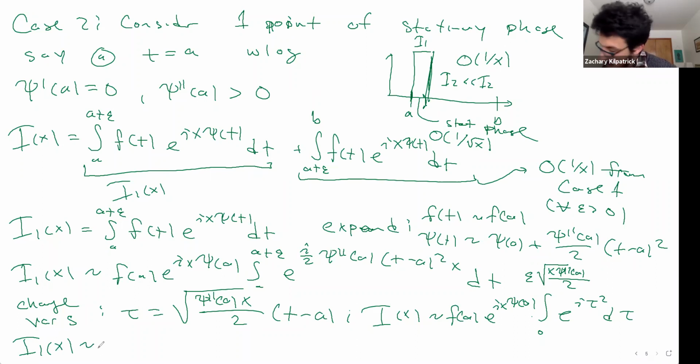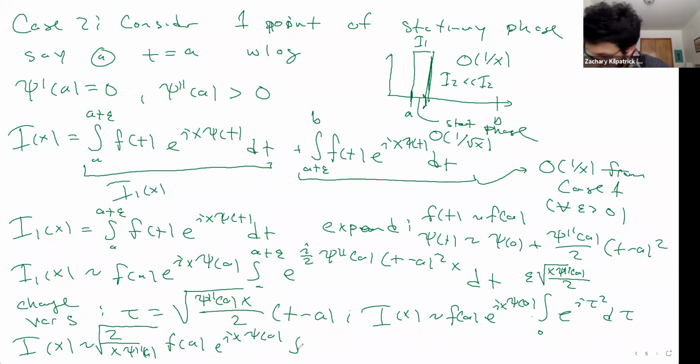I1 of x, let's just keep that as I of x, is then to leading order 2 over x phi double prime of a square root, f of a, e to the i x psi of a, integral from 0 up to infinity e to the i tau squared d tau.